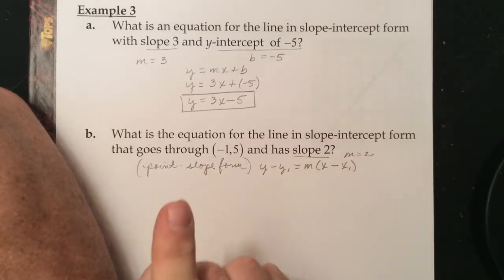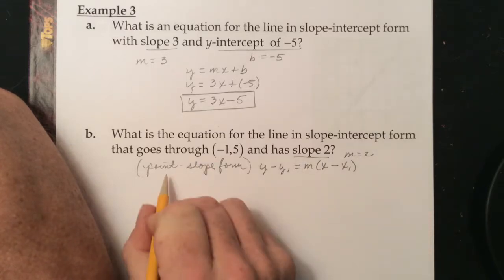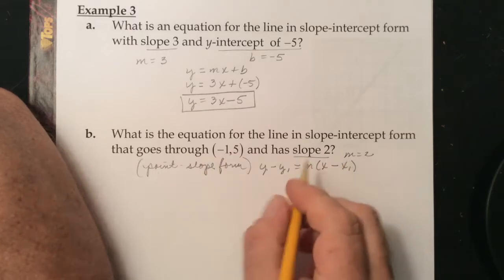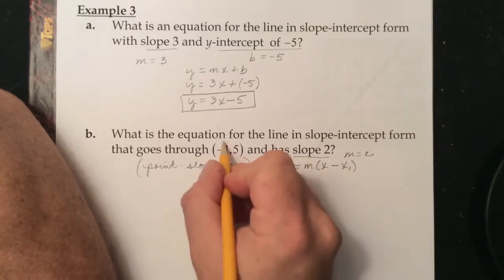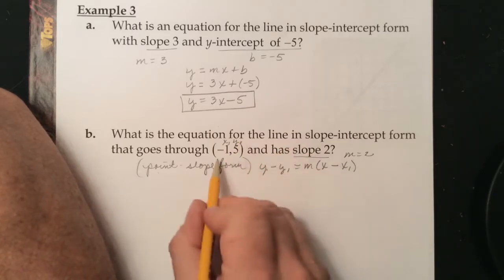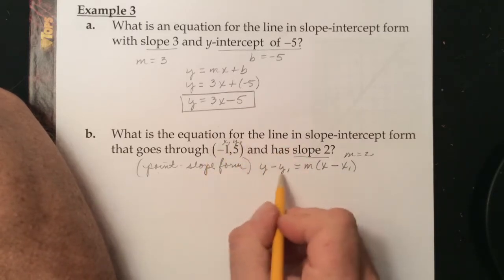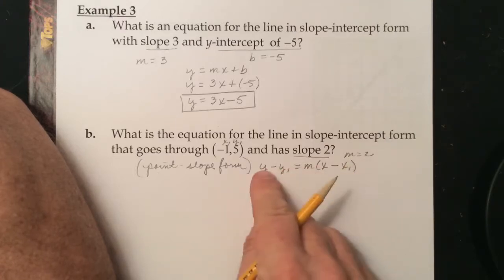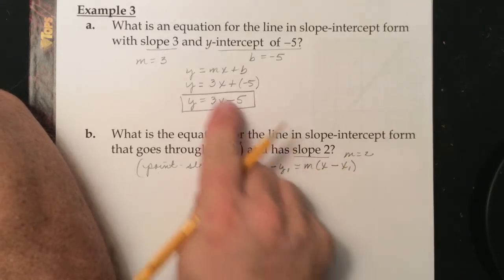Anytime you're given at least one point and the slope, you can use the point-slope form. And so x1 and y1 are used for the point that you're given. So that means this one here and this one here are going to be replaced. This x and this y are part of the general equation.